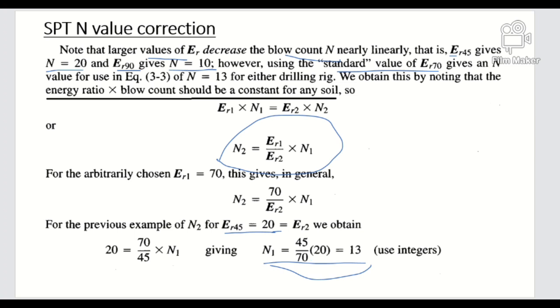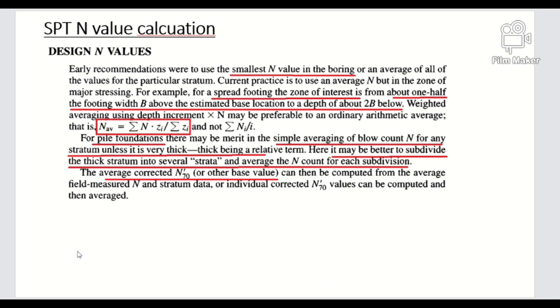And then, after getting the corrected SPT N value, we'll put it in a chart and see which N value is required for our construction.